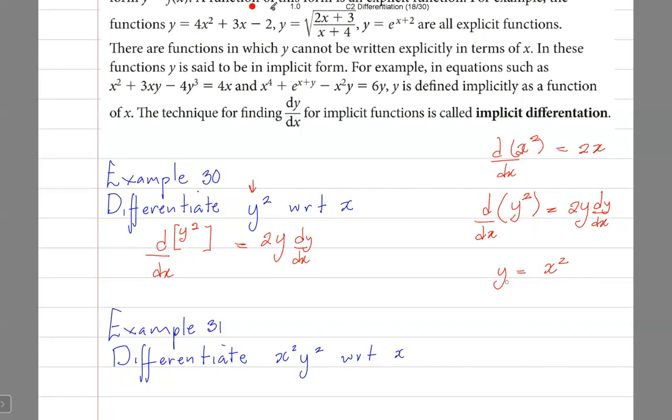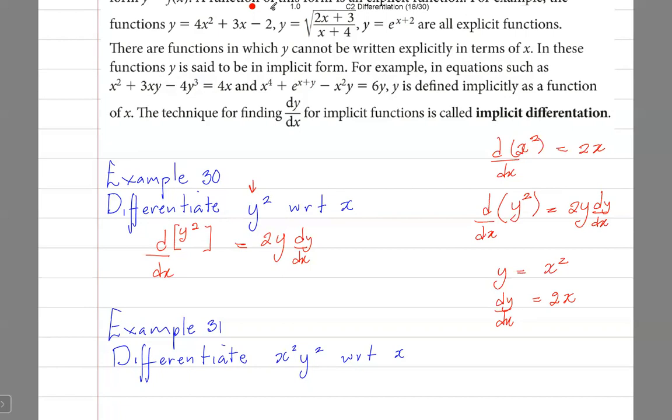When I differentiate y with respect to x, I get dy by dx. When I differentiate x squared with respect to x, I get 2x. So you have differentiated y before. Okay, sir. Thank you. All right, guys, please try example 31.